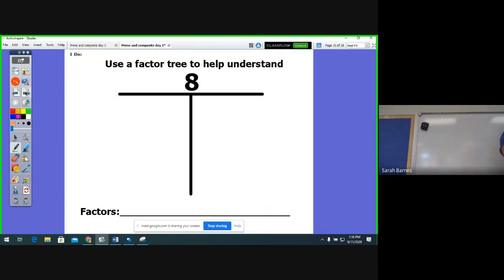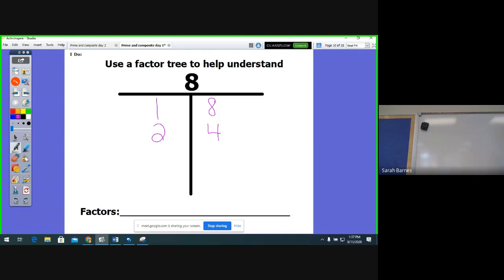Now we're going to do 8 on a factor tree. So we always know that we have 1 and 8. And then let's see, 2 and 4 and 3. Oh, does 3 times anything give you 8? Silly Miss Thorne. No. Okay, so we have 1 and 8, 2 and 4.